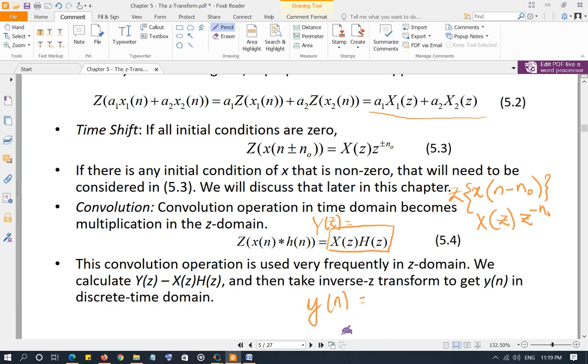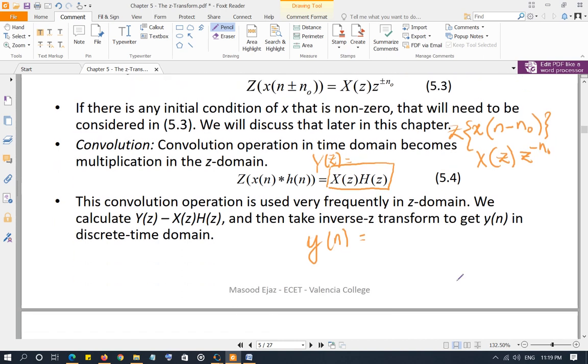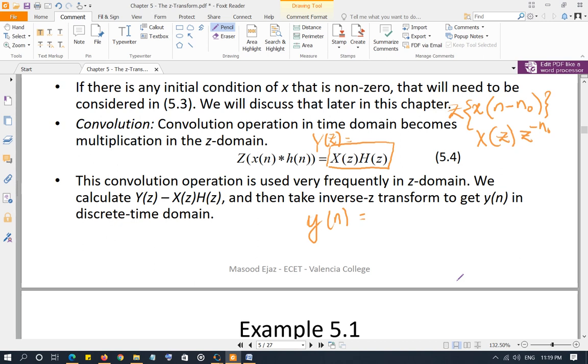That is, we take the inverse Z transform, and we will see shortly how we will solve those problems. Okay, I just see a mistake. This is equal: calculate y sub z equals x sub z times h of z.